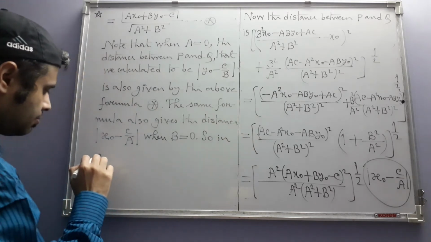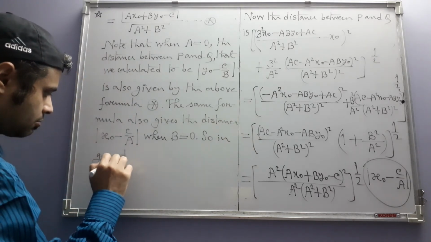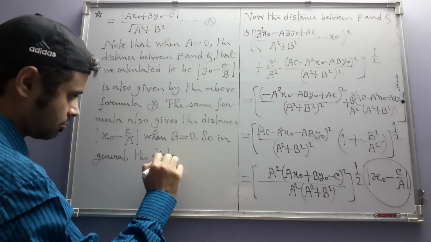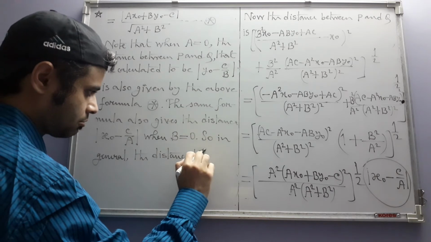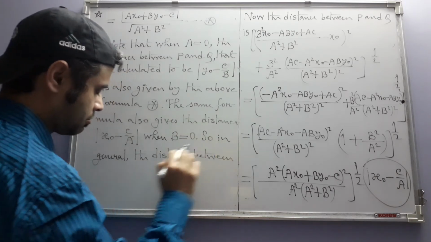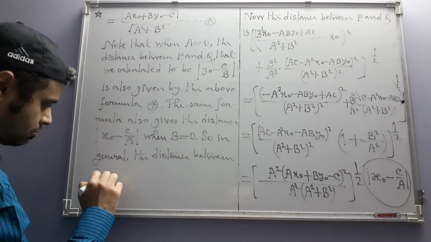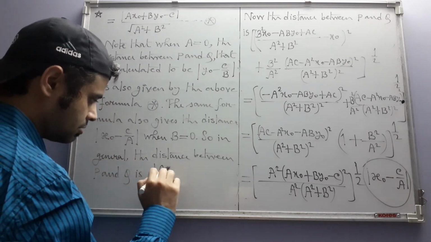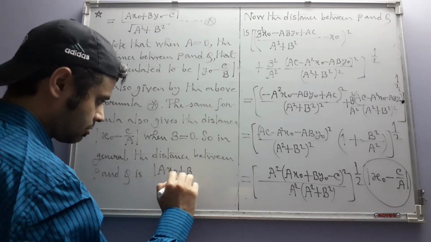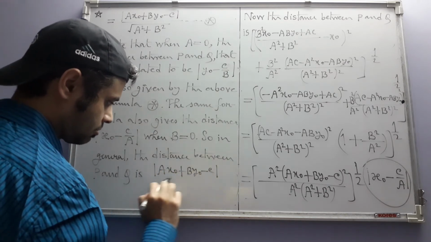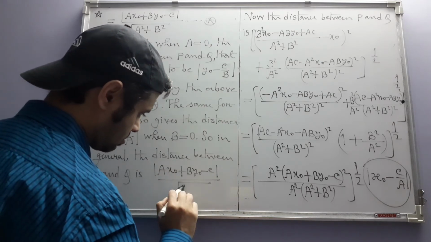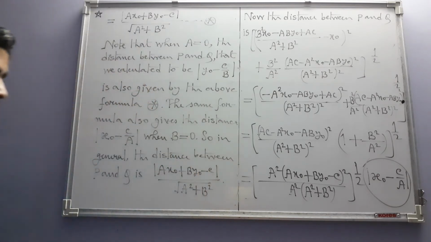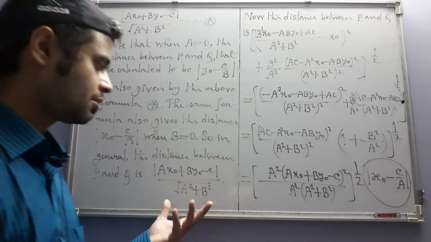So in general, the distance between P and Q is this. Okay, so it sort of becomes a formula.